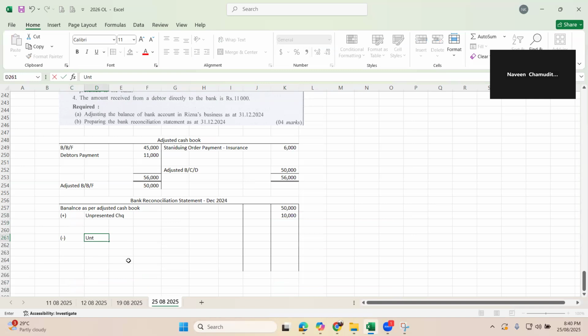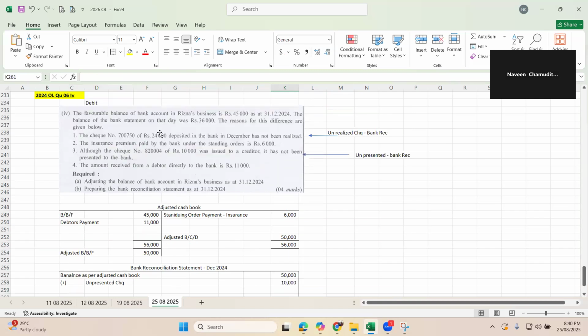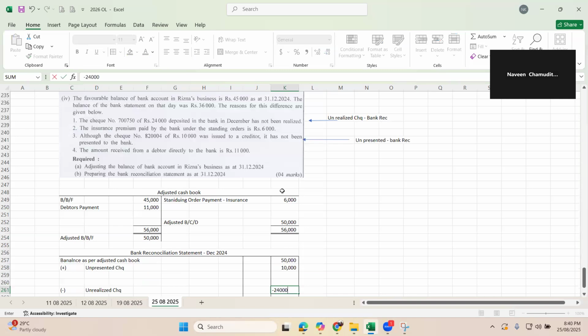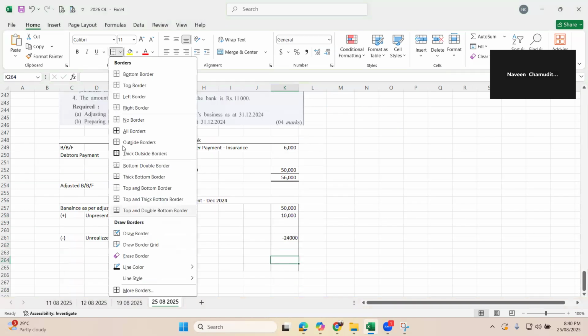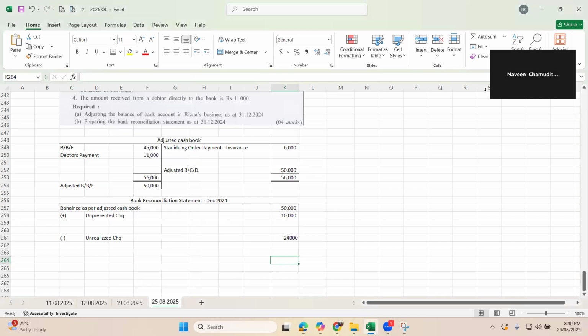Unrealized means the funds have not come to the bank account. The value is 24,000. Better you put the check number, right? Then you get the full marks. When you're writing the answers, better you put the check numbers as well. So here your answer came to 36,000.